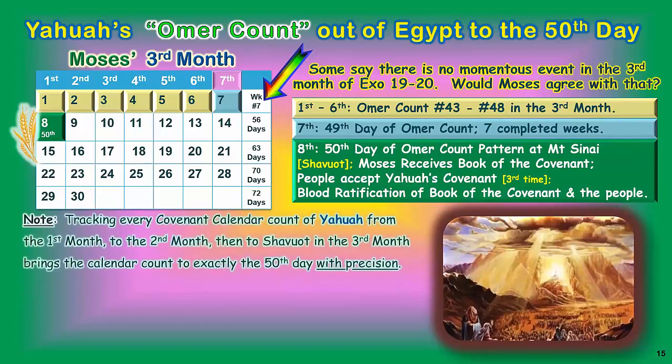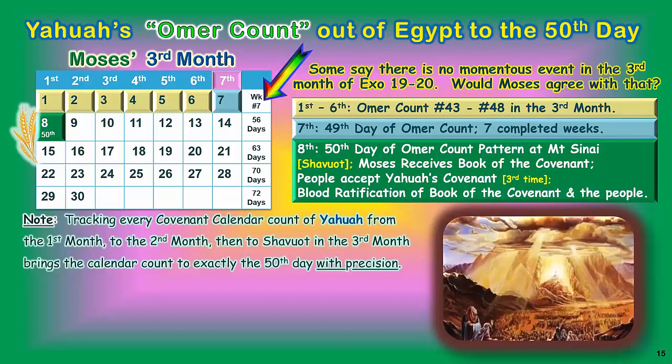Note, tracking every covenant calendar count of Yahuwah from the first month to the second month, then to Shavuot in the third month, brings the calendar count to exactly the 50th day with precision. And if you haven't looked at that study that we have out on the Exodus to Shavuot at Sinai, I highly recommend it.